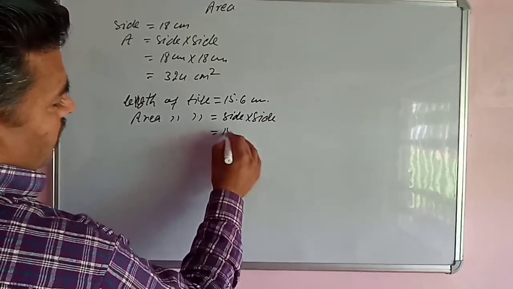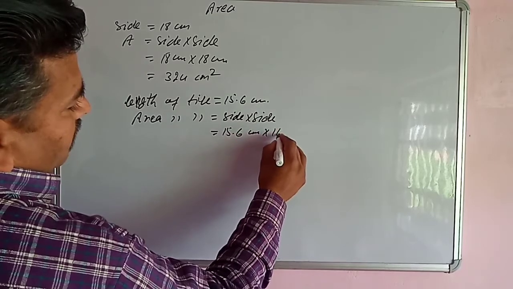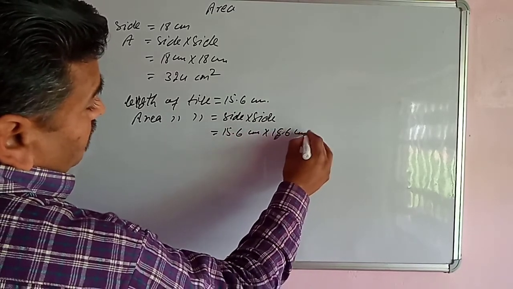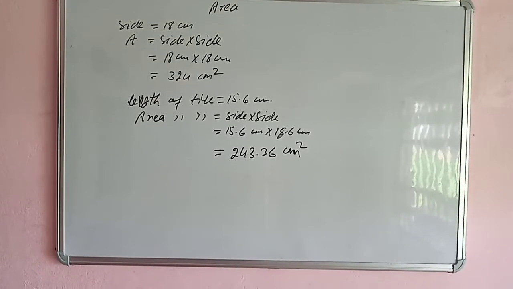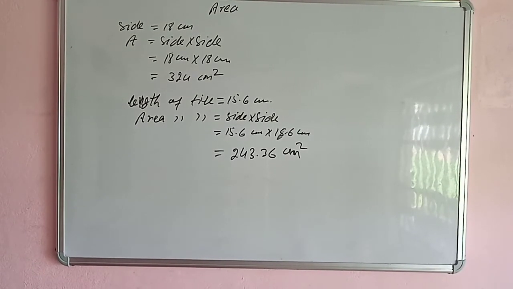So it is 15.6 centimeter multiply 15.6 centimeter. We can find the area by multiplying this, so it is 243.36 square centimeter.